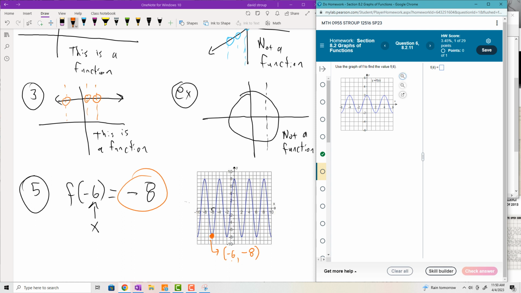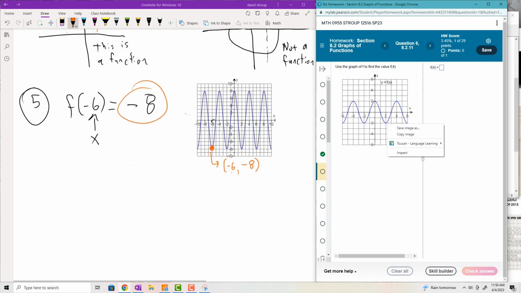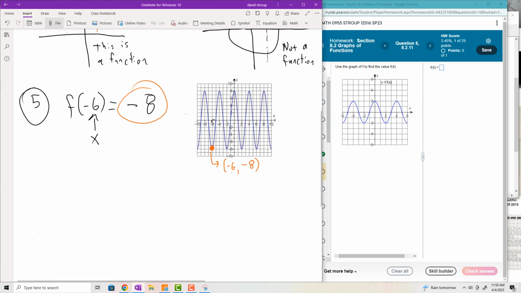Okay, another one of these. So you're just locating the object. And then maybe I just found a quick way to do it. No, I don't think so.